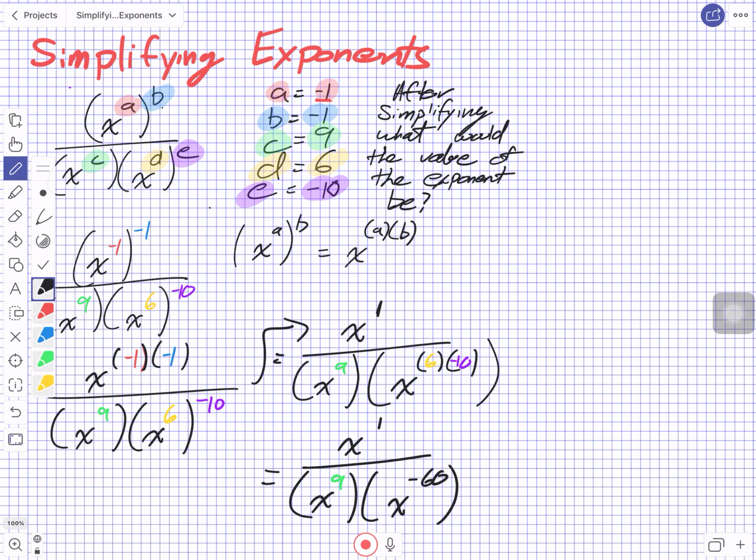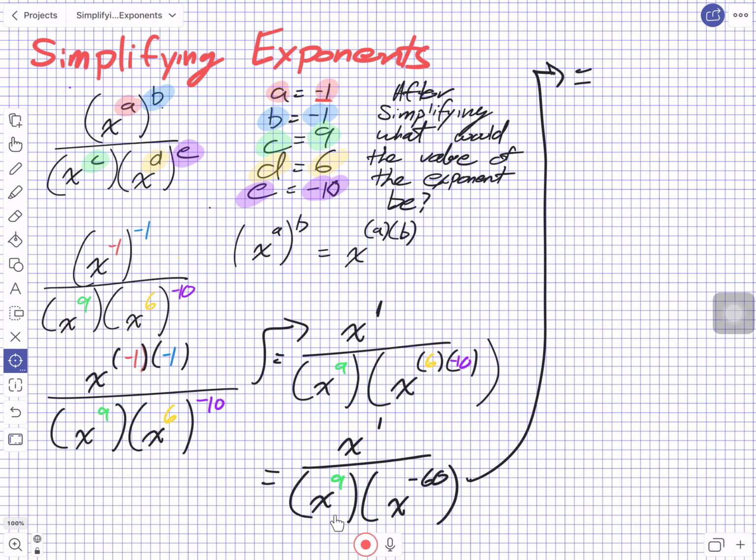Great. Let's continue. This will be equal to... The next rule we're going to talk about is when we have two values that have the same base, how we simplify their exponents.